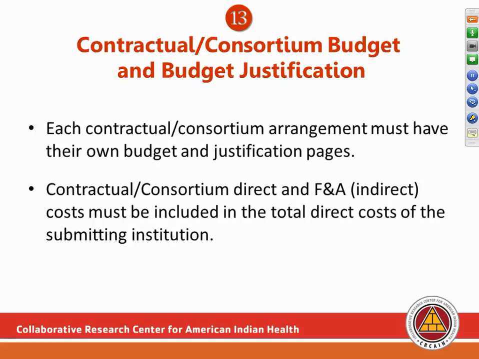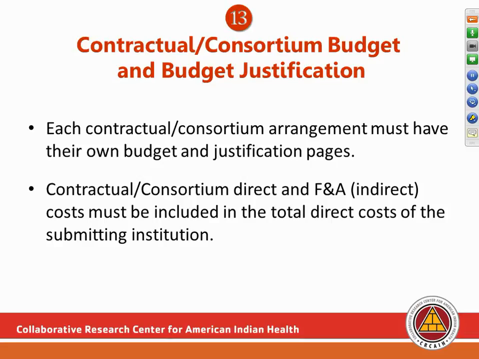Contractual consortium budgets and budget justifications. You must complete the budget in the application package and provide a detailed budget justification with respect to the proposed project for each consortium and contractual arrangement. Each contractual consortium arrangement must have their own budget and justification pages. Just copy and paste the budget and justification pages and add them to the application.